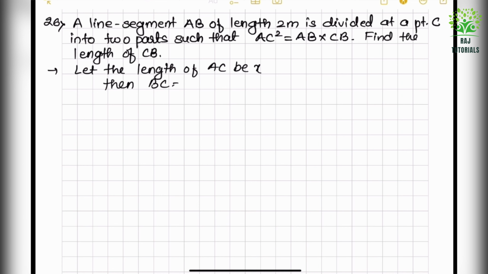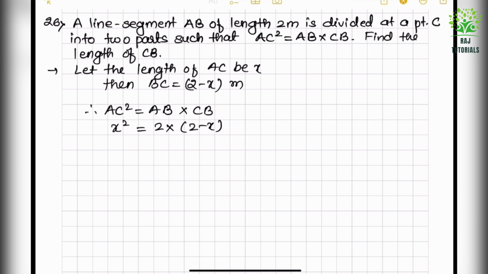Then BC equal to 2 minus x meter. Now AC square equal to AB into CB, this is given to me. So x square will be equal to 2 into (2 minus x). So x square equal to 4 minus 2x. So x square plus 2x minus 4 equal to 0.